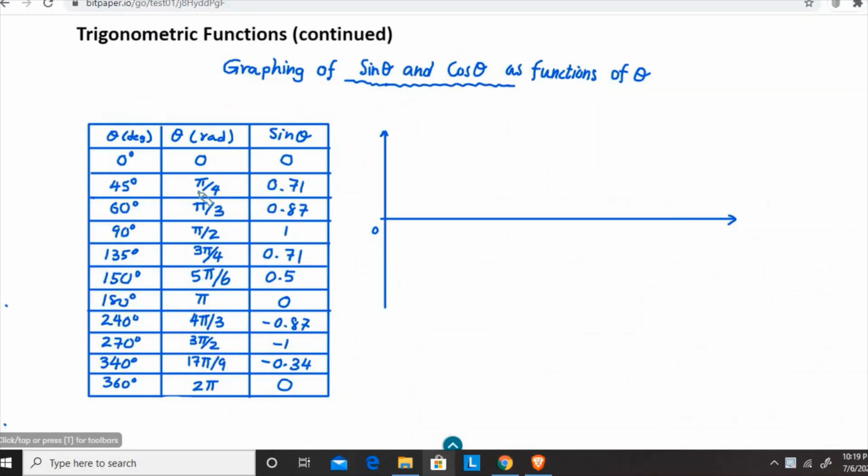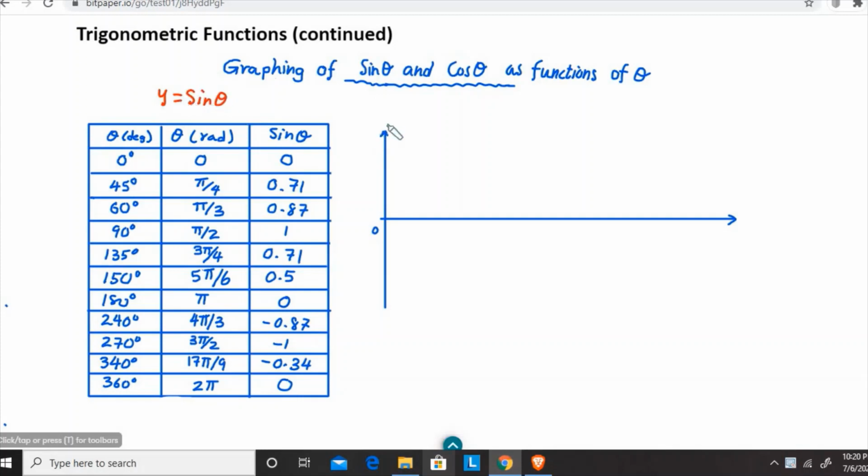Now let's look into graphing some of the trigonometric functions, especially sine theta and cosine theta. So here you can see a table where I have listed angles in degrees and their corresponding angle in radians, and the numerical value for the sine theta. And pretty much what we have is a function like this: y equals sine theta.